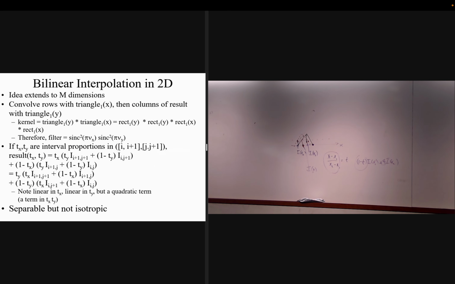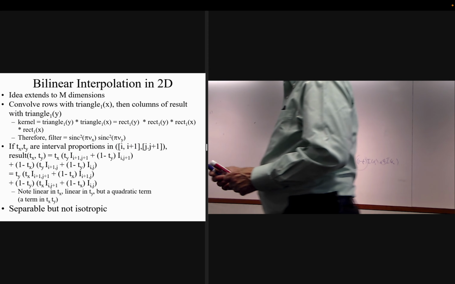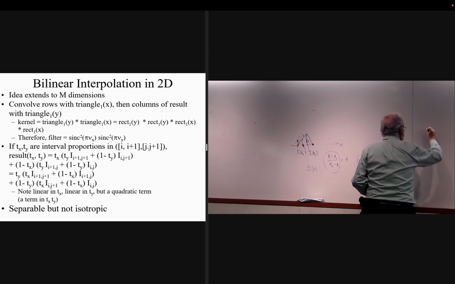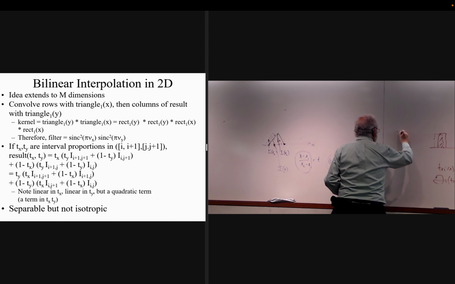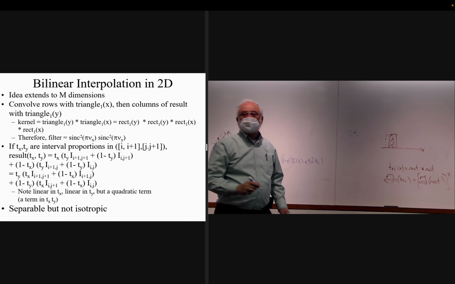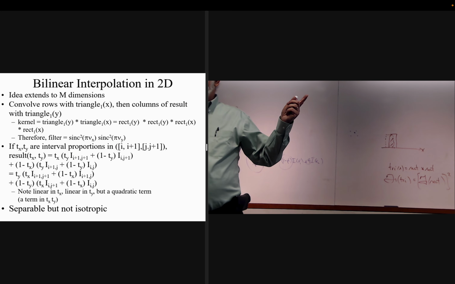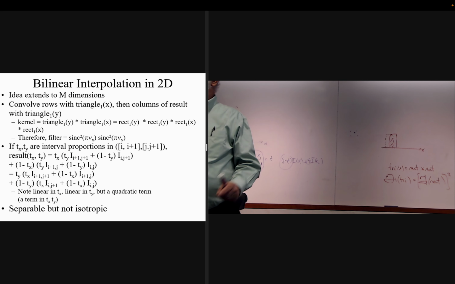Okay, 2 minutes to go. I want to say something about, so far we've been talking about one-dimensional interpolation, but what about two-dimensional interpolation? So now we have pixels, and we have a place we want to interpolate, and we look at the 4 closest pixels, 2 in y and 2 in x.